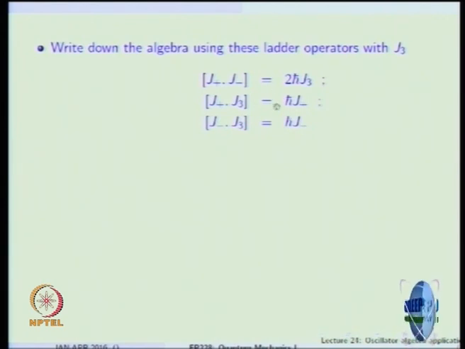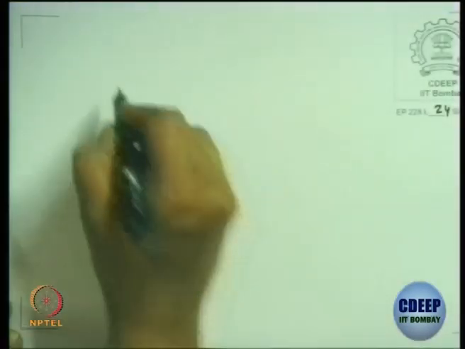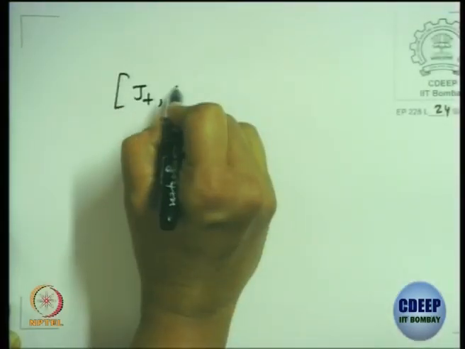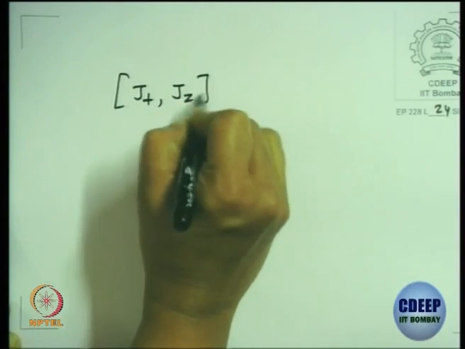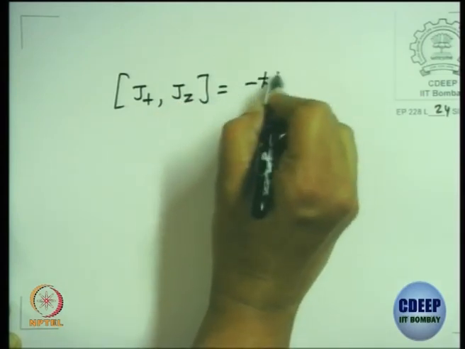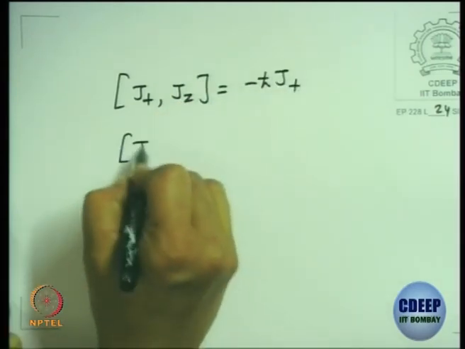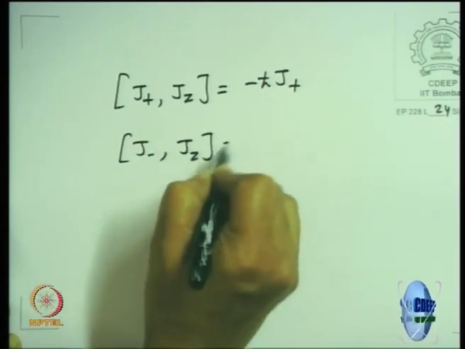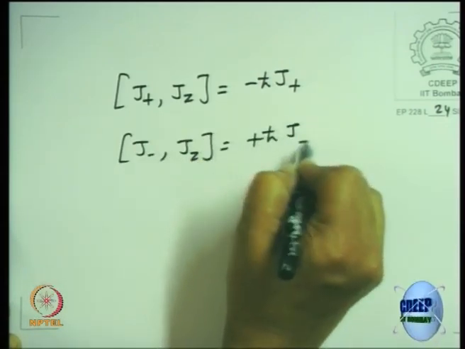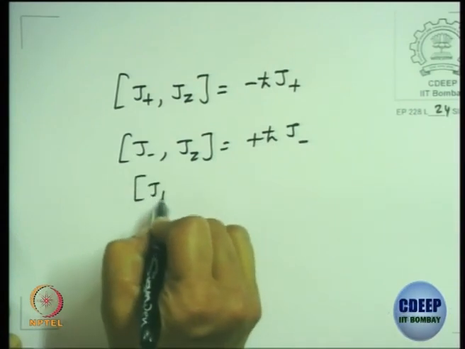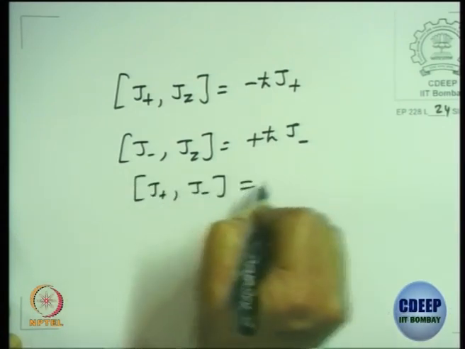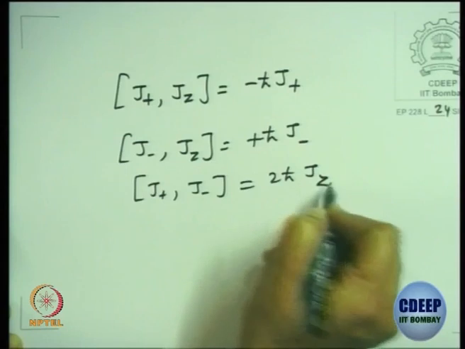The third one is plus, the second one is minus. Okay, I will correct it. So, J plus with J3 or Jz is minus H cross J plus, and J minus with Jz is plus H cross J minus, and J plus with J minus is twice H cross Jz.